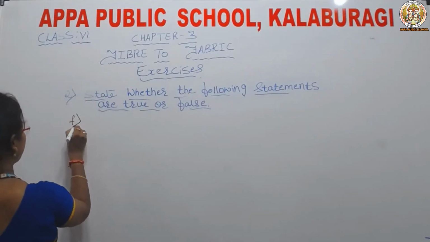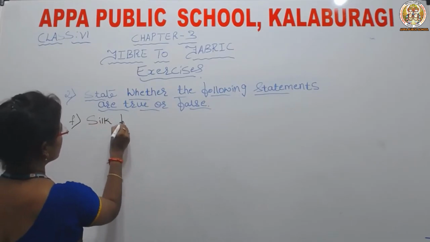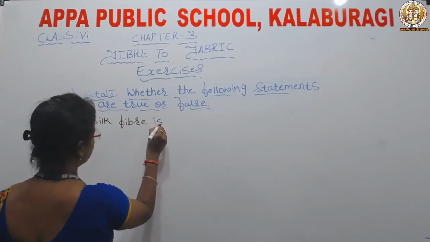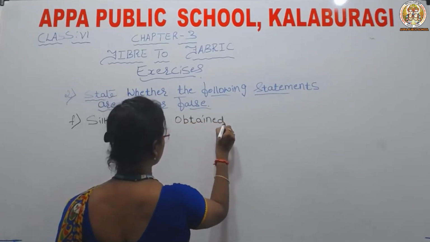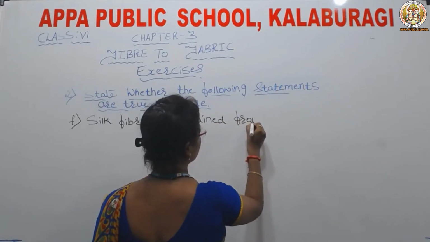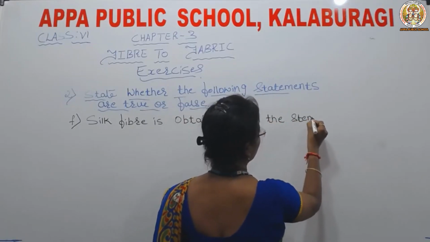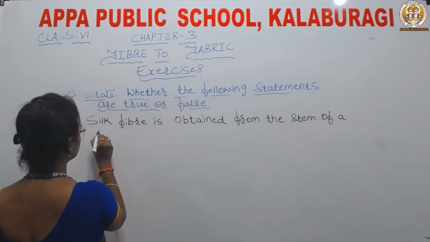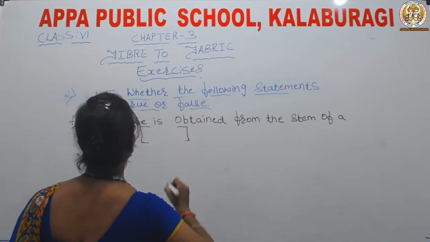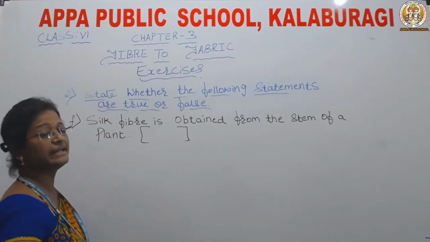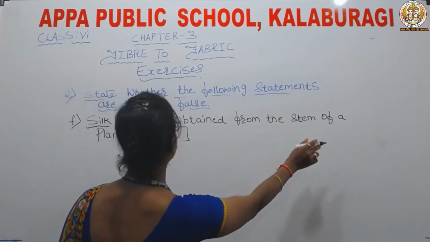Next question, F. Silk fiber is obtained from the stem of a plant. See the statement, what they have said here: silk fiber is obtained from the stem of a plant.